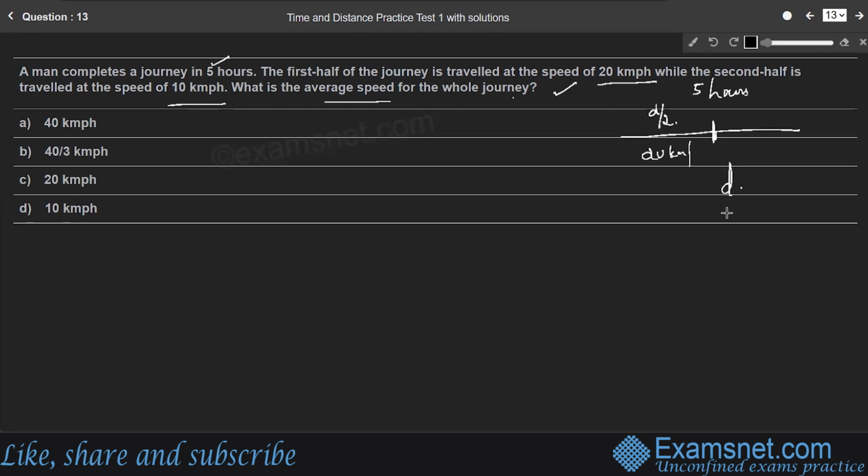with the speed of 20 km per hour, whereas the remaining d by 2 kilometer distance has been covered at the speed of 10 km per hour. Right?